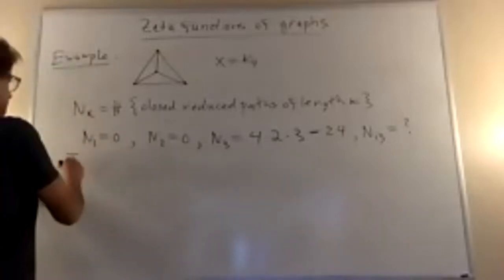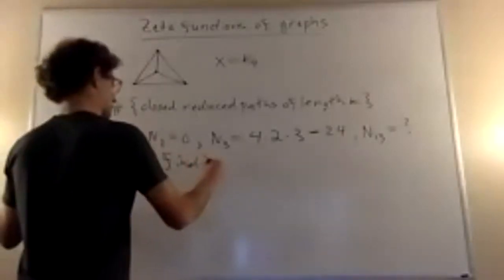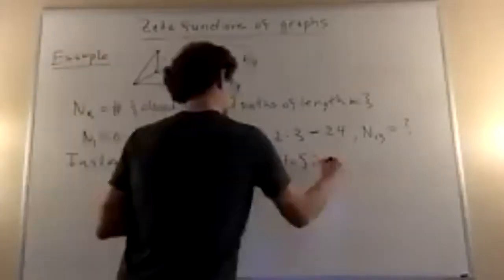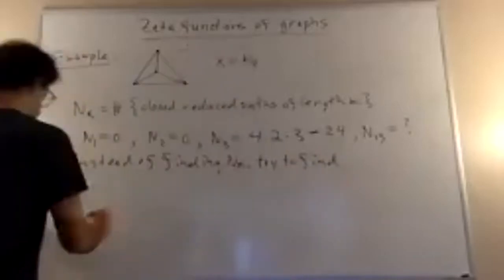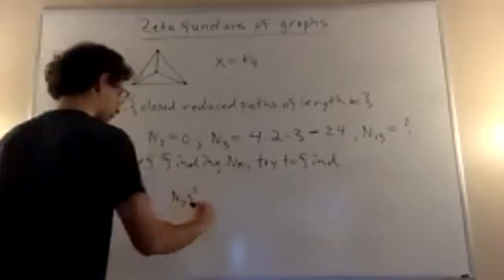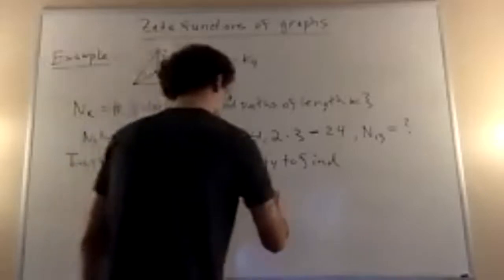So instead of finding N_k, try to find N1 times s plus N2 times s squared plus N3 times s cubed and N4 times s to the 4, right?